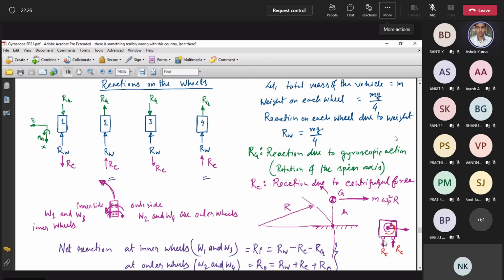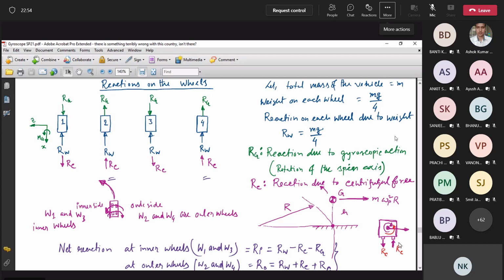But when you consider the reaction due to this moment, what is the reaction in the wheels? The reactions would be in the opposite direction, right? So these RC are the reactions to resist the centrifugal force, or say the moment due to centrifugal force.